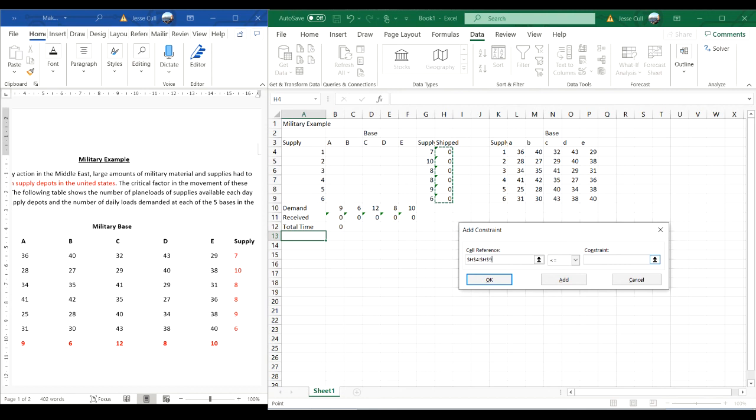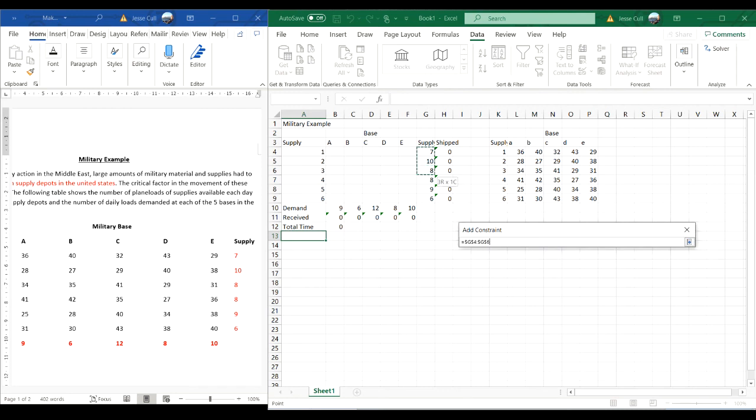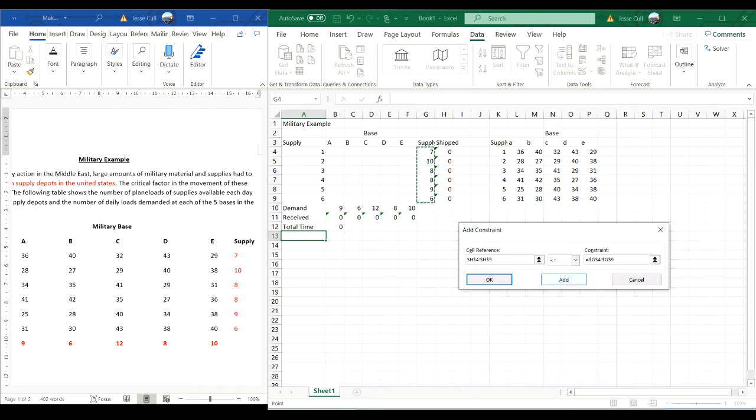If we make this equal, then we're going to ship 48. We don't need 48. If we make this greater than or equal to, it's 48 or more. We don't need 48 or more. We need less than or equal to 48. We hit OK, or we hit add.